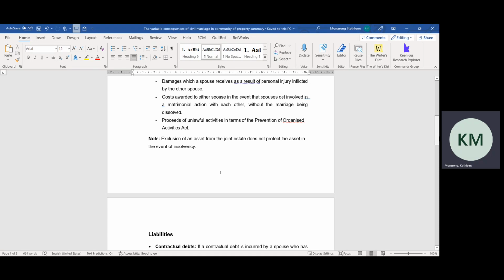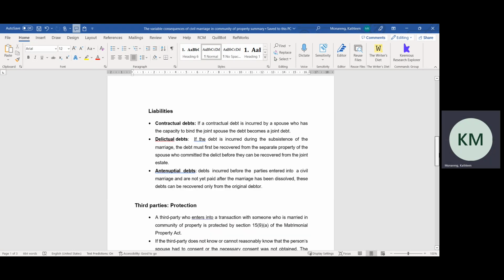So if the spouse is going through the process of insolvency, those separate assets will be taken into account, and all the assets that are in the joint estate, including the separate assets, will form part of the insolvency process.